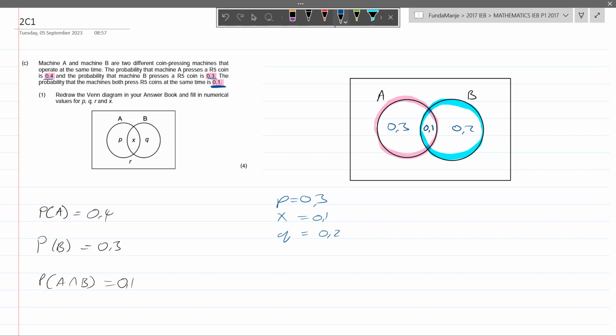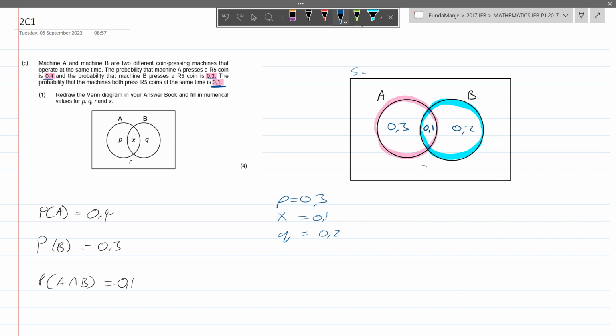Everything within this rectangle, this sample space, should sum up to 1. So all the probabilities inside here should sum up to 1. 0.3 plus 0.2 is 0.5, plus 0.1, that's 0.6.